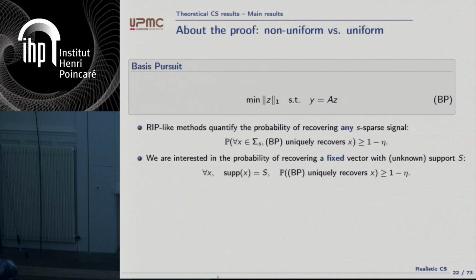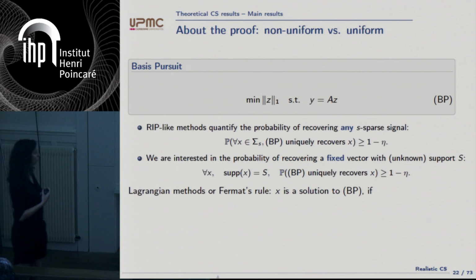If you do a non-uniform strategy, you're going to want to construct what we call a dual certificate. And where does a dual certificate come from? It comes from Fermat's rule.